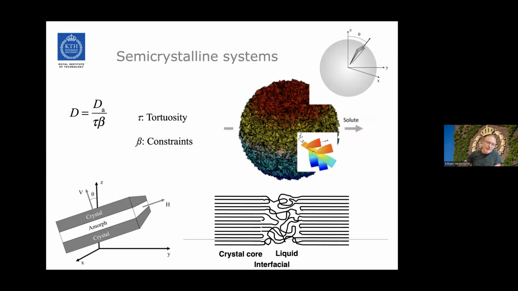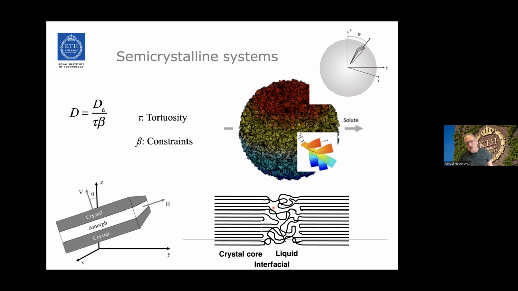As you can see in the lower left part here, I sketch crystal, amorphous, crystals, a typical lamellar structure. But if you go closer and look, you actually have the crystals and the amorphous material, but you also have a crystal surface, which has less order than the crystal, but more order than the fully amorphous phase.